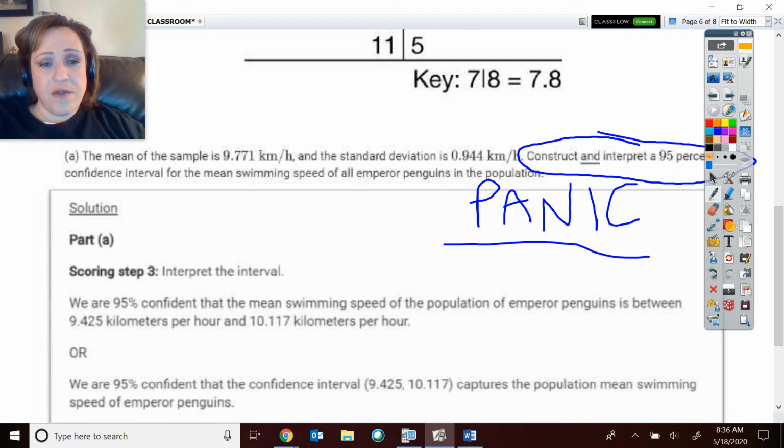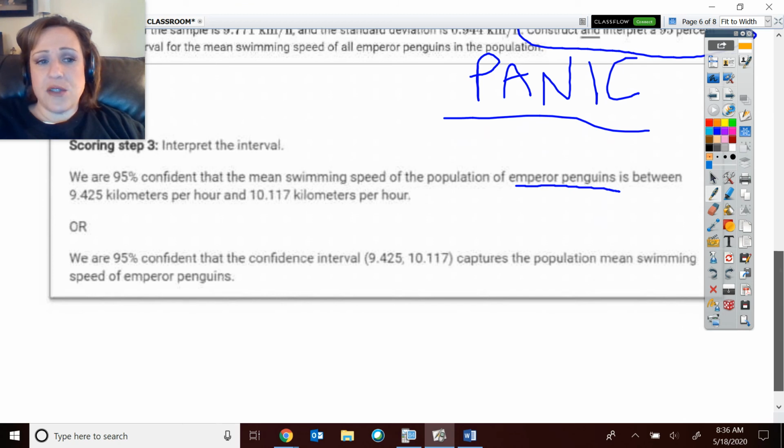We are 95% confident that the average swimming speed of all emperor penguins is between 9.425 and 10.17. Okay, so that's that.